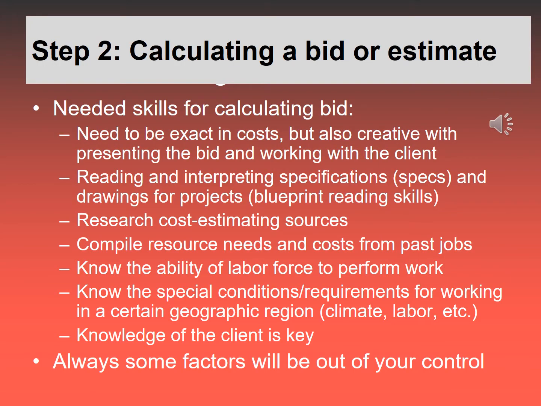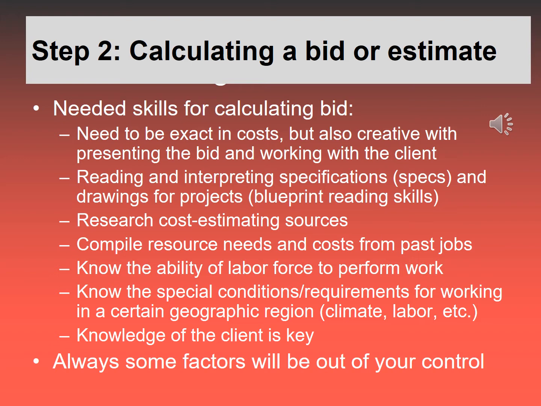There are all kinds of things that go into calculating a bid or an estimate. They both need, especially a bid needs, exact costs, but you have to be creative. Working with the client, knowing what they want and what they can afford and what they're willing to pay. And also your ability to interpret plans and create the specifications, or specs, from drawings.